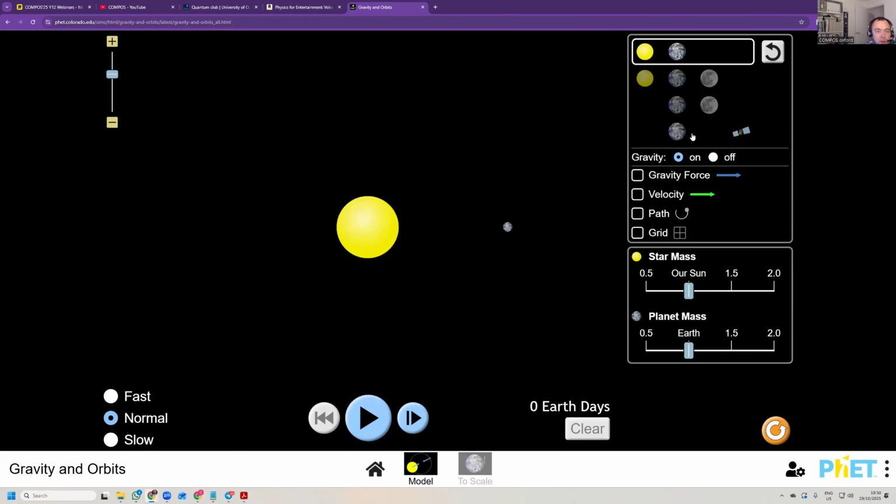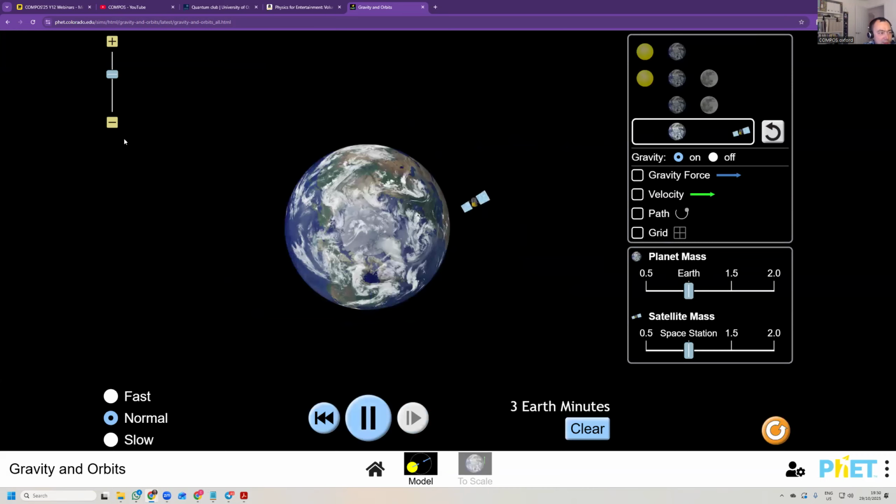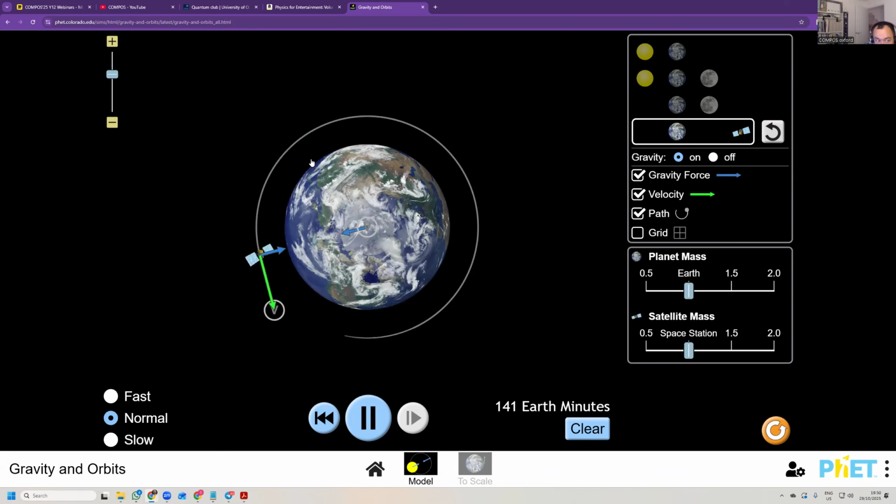This is a model of a satellite, and you can see that the satellite goes around the planet. The speed is constant. The velocity obviously changes because the direction changes. And you can see there's a force towards the center of the Earth. The force is always perpendicular to the velocity. It has to be that.